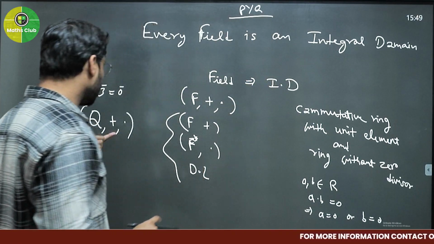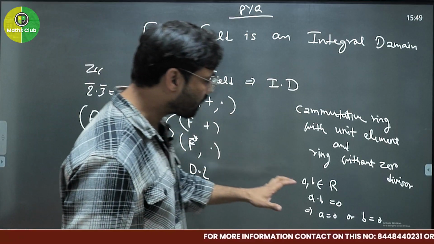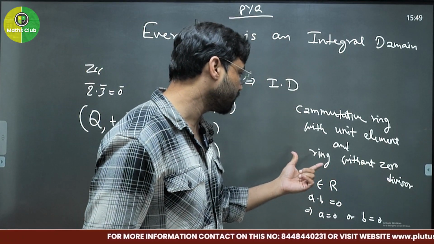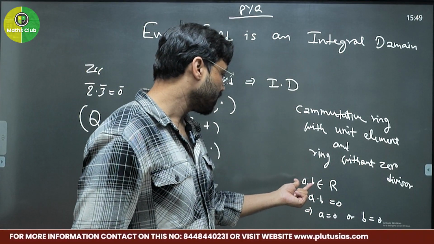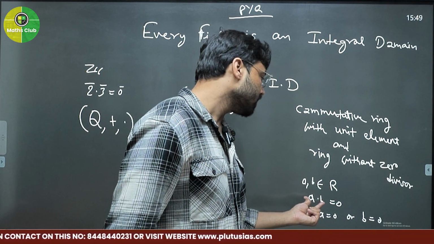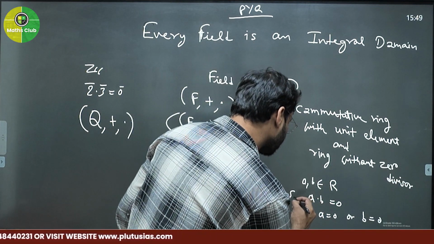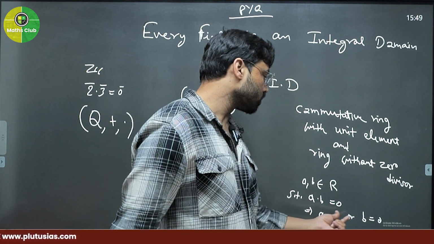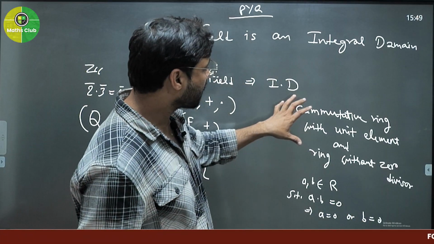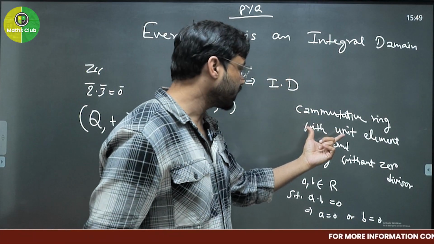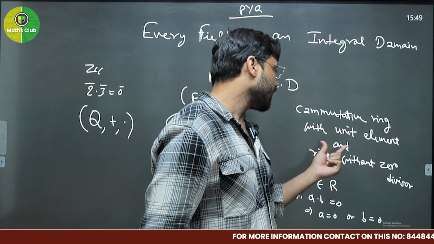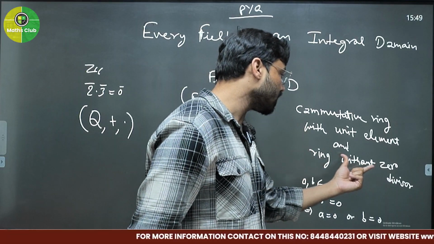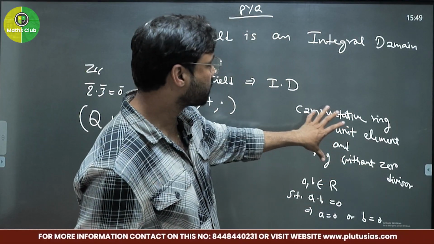So this is a ring without zero divisors. So overall, what is an integral domain? A commutative ring with unit element, and if this ring is without zero divisors, then this becomes an integral domain.